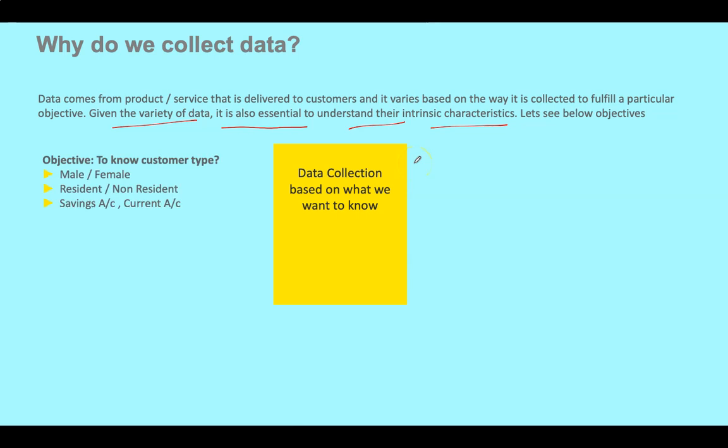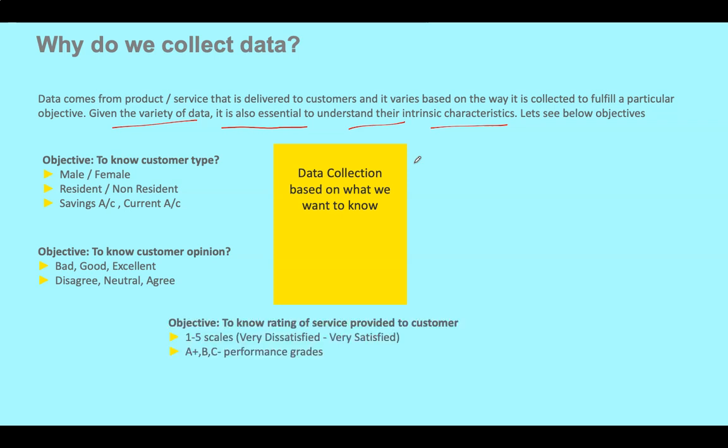Let's suppose we take an example of a banking process. You want to know your customer, whether they are male or female. So we have to be very particular about what to collect in the form of data for our analysis. We require their residence. We require whether they have a savings account or a current account. Then another form is to know the customer opinion, whether it's bad, good or excellent, or whether they disagree, are neutral or agree.